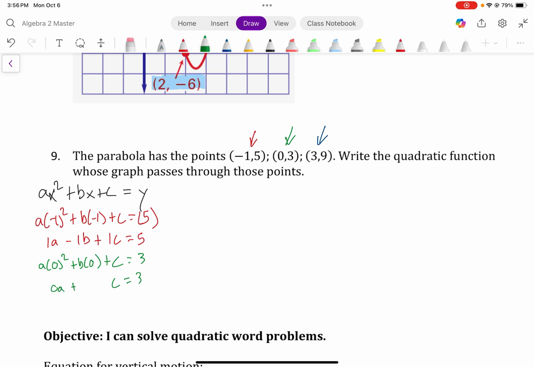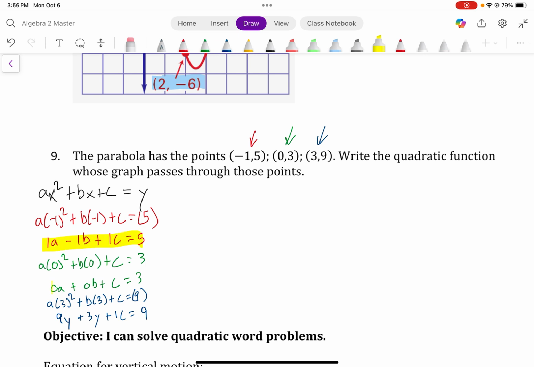I'm going to write 0a plus 0b plus c equals 3, just for when we get to the matrix part. And then in the blue one, I'm going to have a times 3 squared plus b times 3 plus c is equal to 9 when I plug in x and y. That gives me 9a plus 3b plus 1c equals 9.